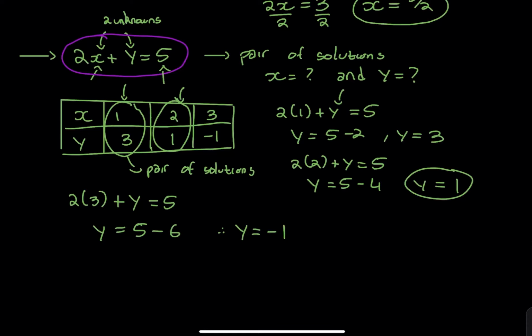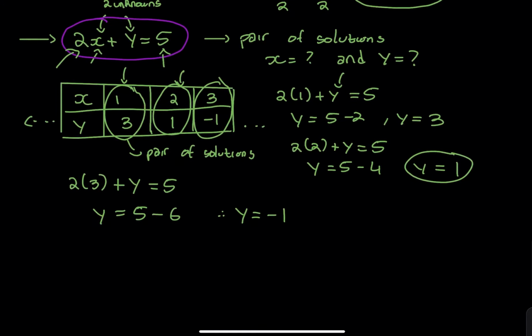So all of these are pairs of solutions for this equation, and we can do this for as many numbers above 3, like 4, 5, and all below also. We can go into 0, -1, -2, and so on. For every x you get a specific y: for 2 you get 1, for 3 you get -1, and so on.